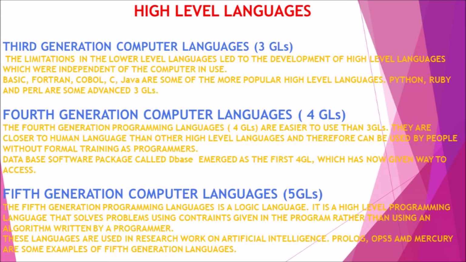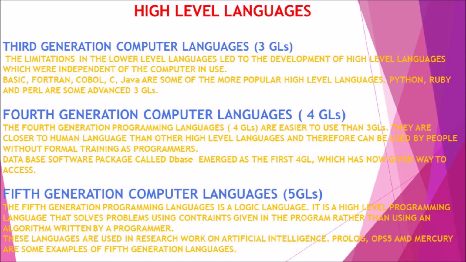Whereas in low level language, each and every brand of computer has a separate assembly language. Here in the high level language, we need no modifications based on the brands of the computers. The reprogramming expenses are fully reduced in the high level language.